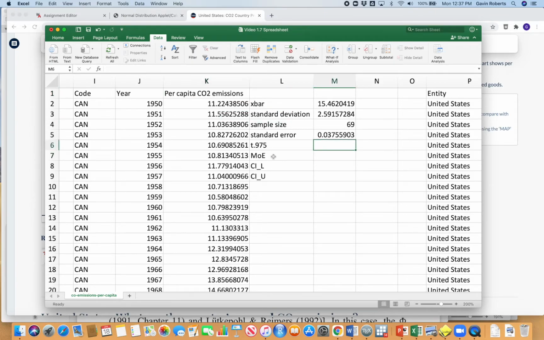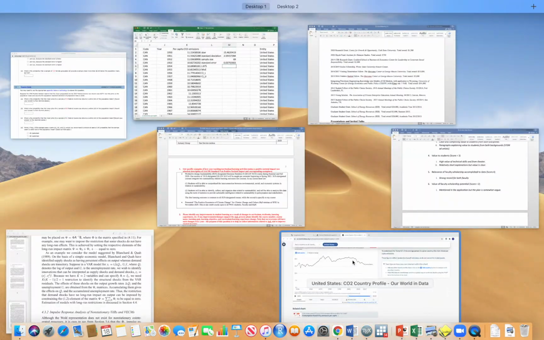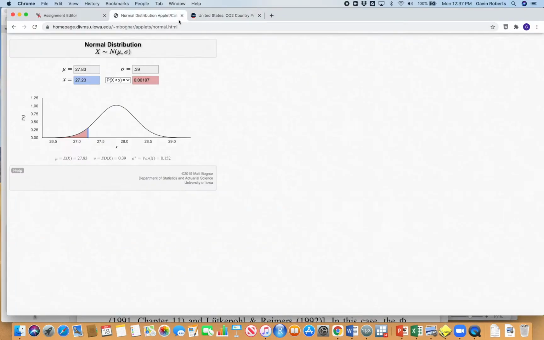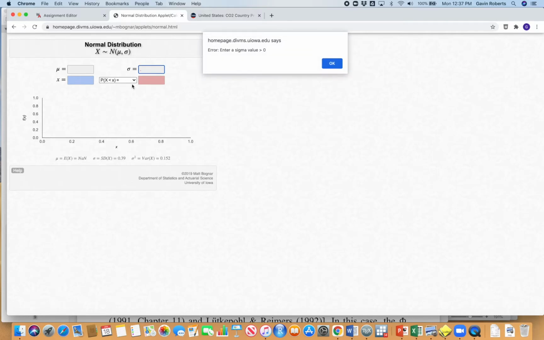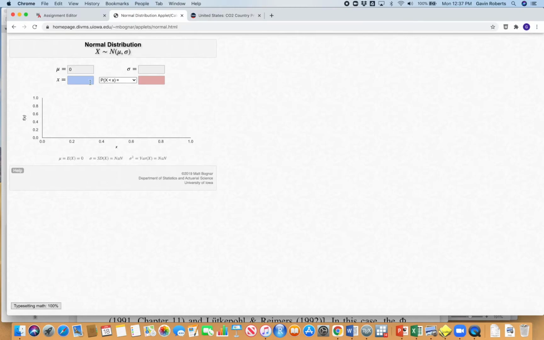Well, if we were thinking about our bell curve shape here, I probably have to give it a mean. Let's just make it 0, 1. And so we're thinking about our bell curve. We want to go above and below enough so that the shaded area in the middle is 95% or 0.95.